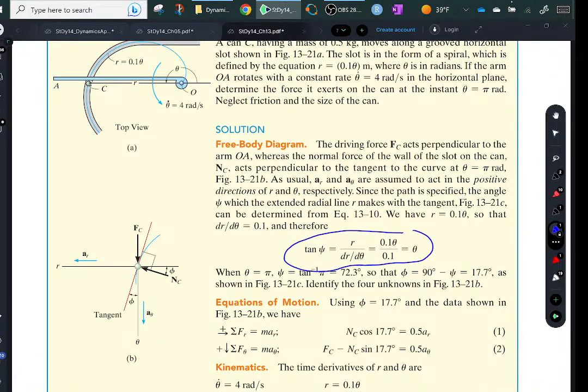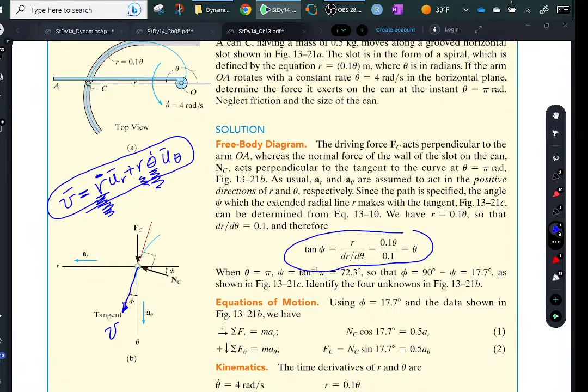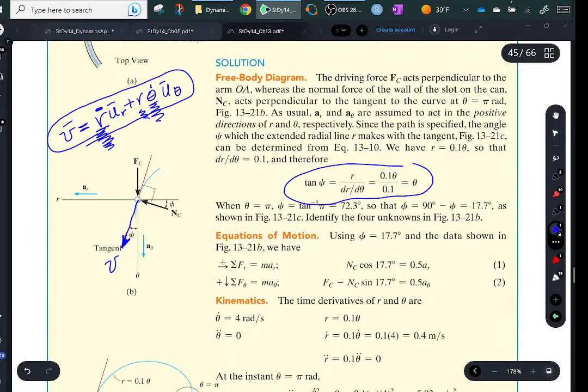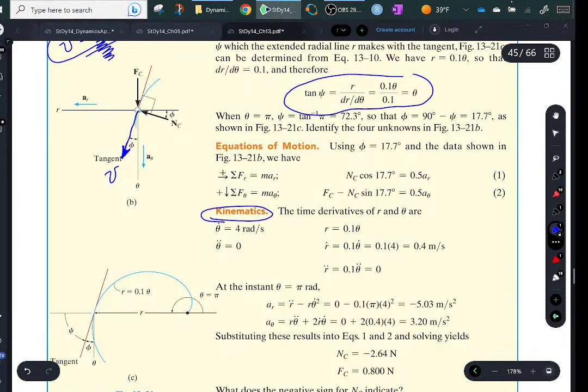But to me, if I go in and find the velocity, and by the way, the velocity is nothing more than r dot u_r plus r theta dot u_theta. So there's the velocity. And since you already have to find r dot and theta dot and r, you can actually find this vector pretty easily if you do the kinematics first.